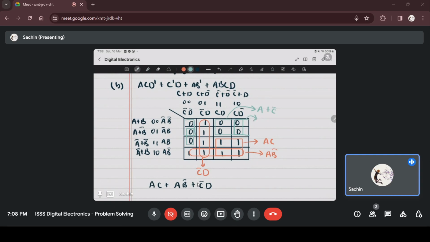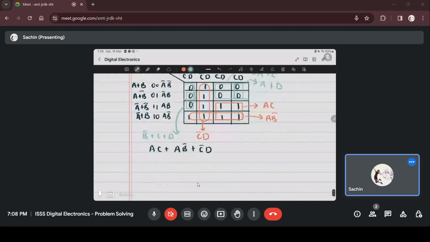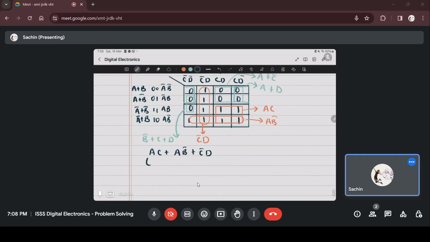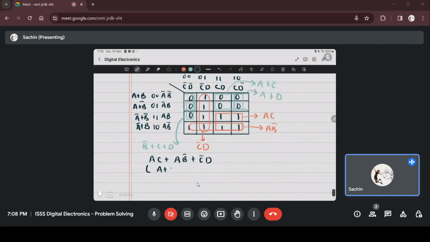The second quad is A plus D, and this final pair is B bar plus C plus D. So the product of sums expression is A plus C bar and A plus D and B bar plus C plus D.